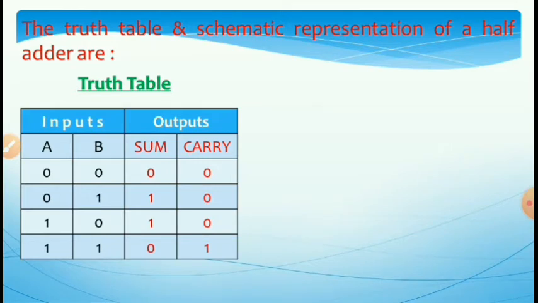So in this way the truth table of half adder is created. Now look at the column sum.